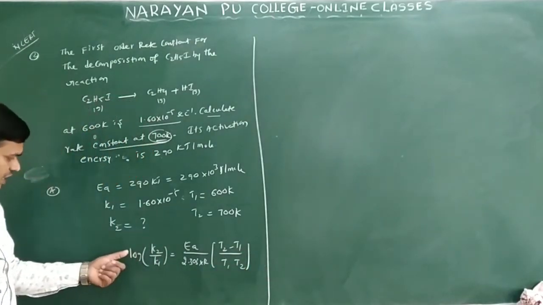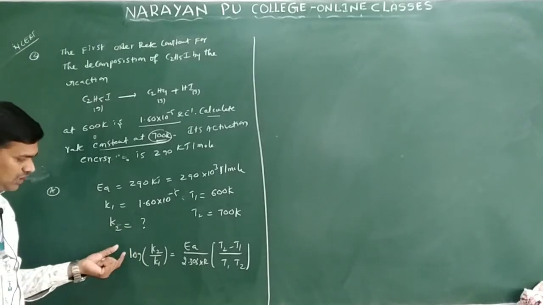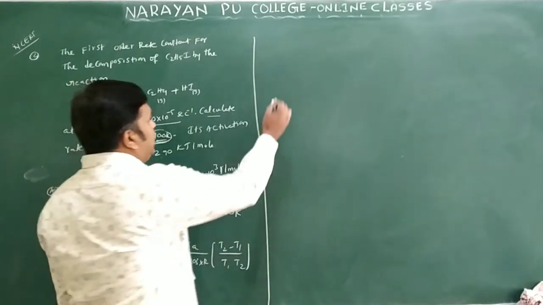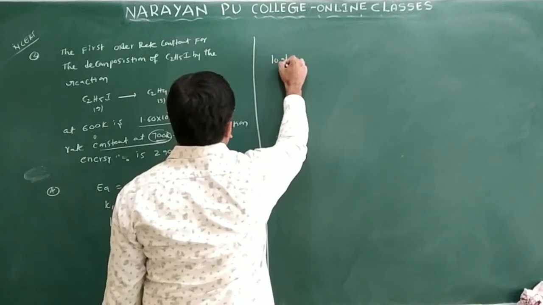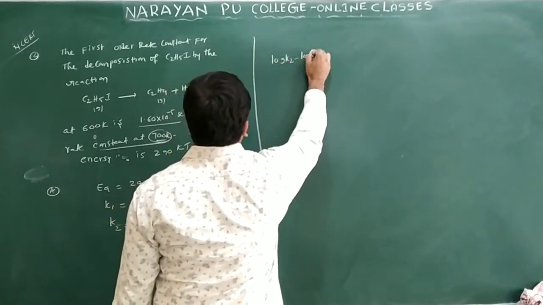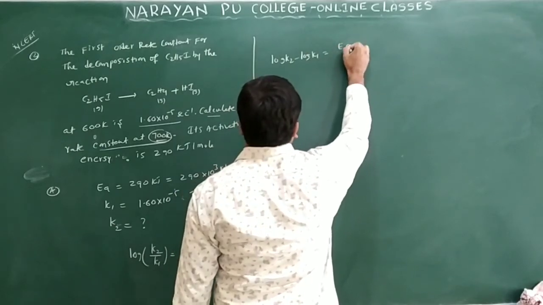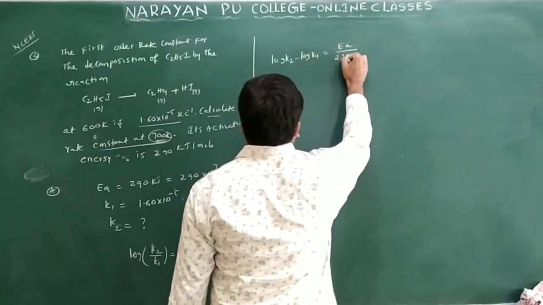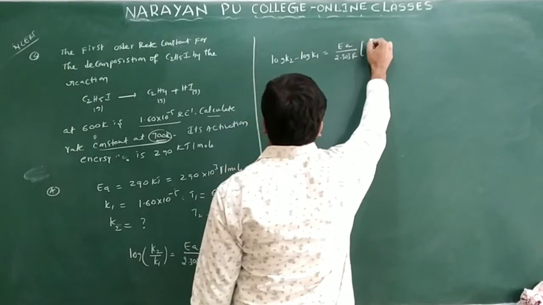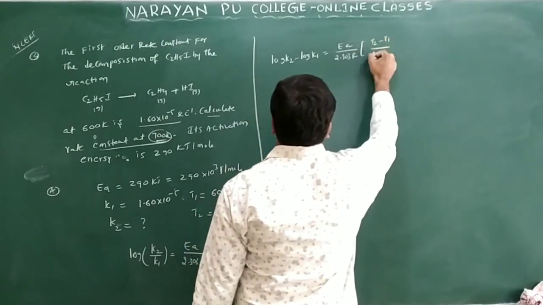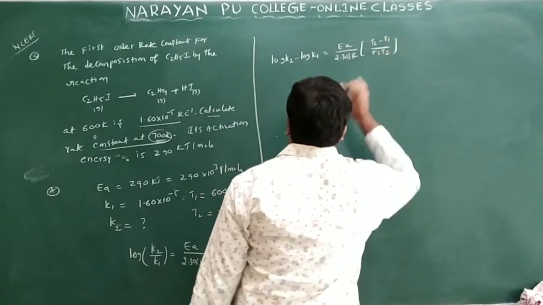Now I want to write log A minus log B, so log K2 minus log K1 is equal to Ea by 2.303 R into T2 minus T1 by T1 T2.